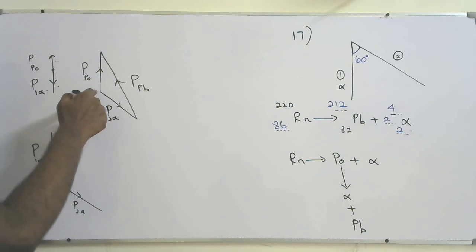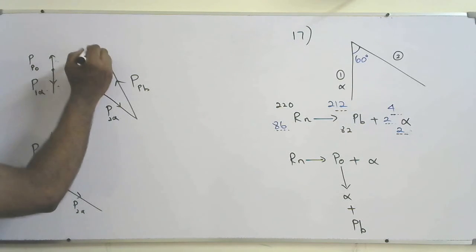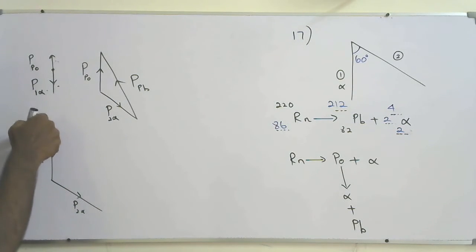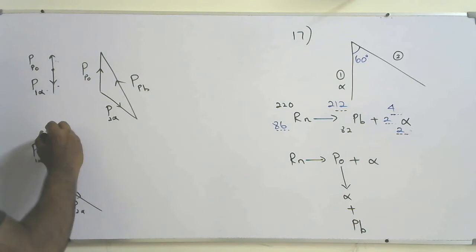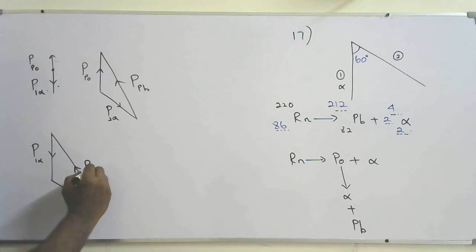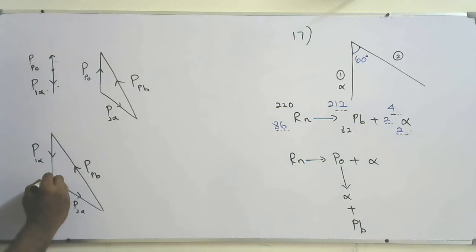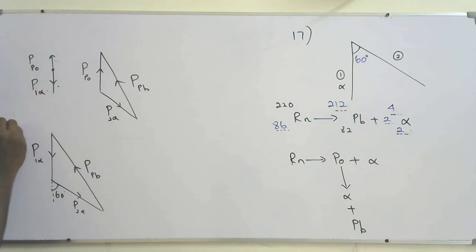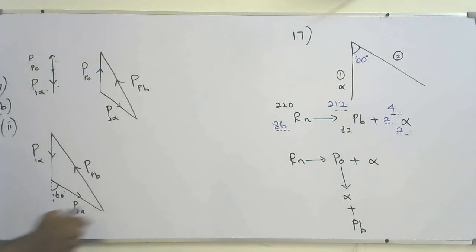So the momentum of the Pb should be this way, and this angle is 60 degrees. This is the answer for the second part of question number 17, part B. This is the answer diagram.